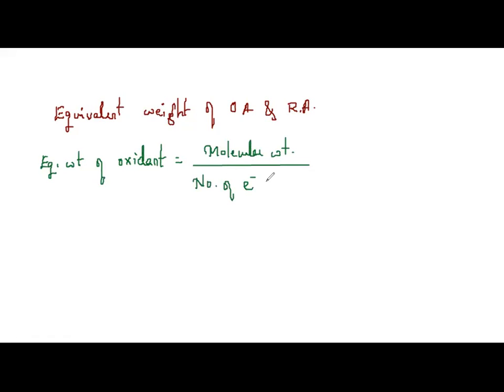An oxidant will gain, so the number of electrons gained by one molecule. This is the equivalent weight of oxidant. This is how you calculate it.